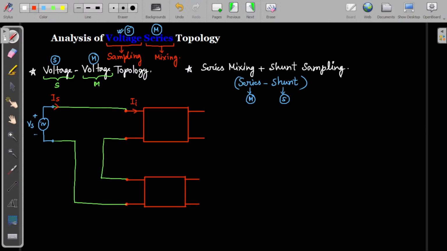Okay, so the voltage across this is Vs and the voltage across the basic amplifier is Vi and the voltage across the feedback output is Vf. So this will be plus minus Vf. So this mixture will be called as series mixture.